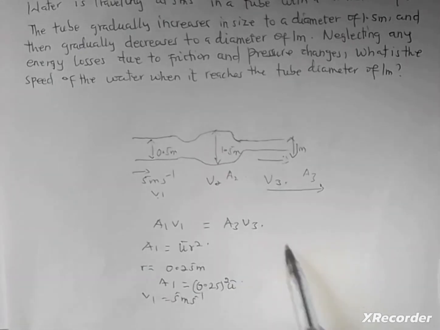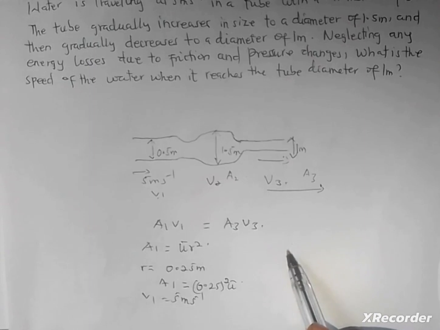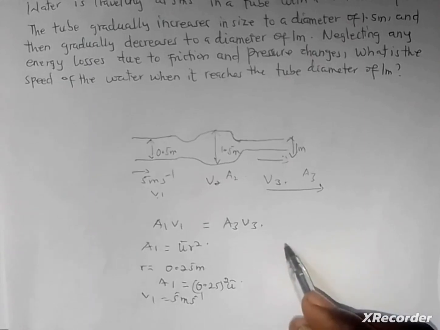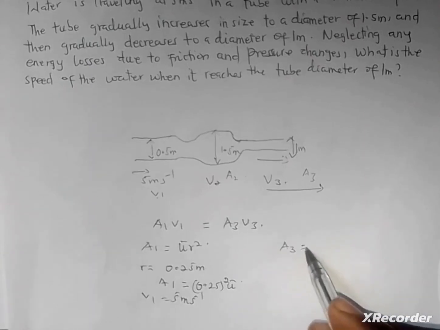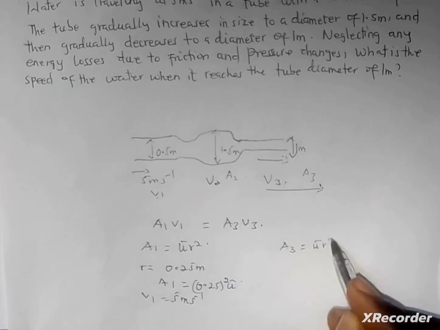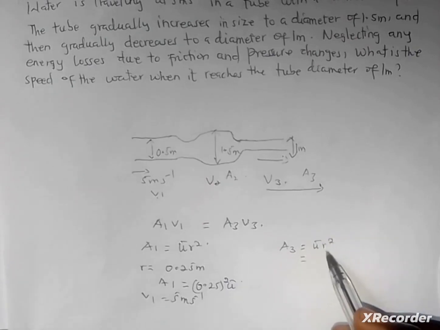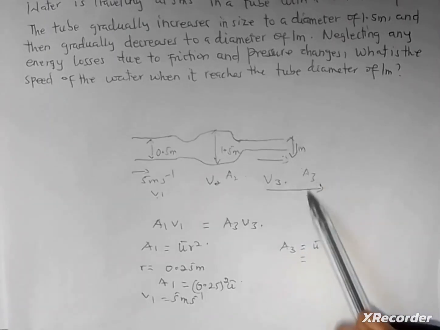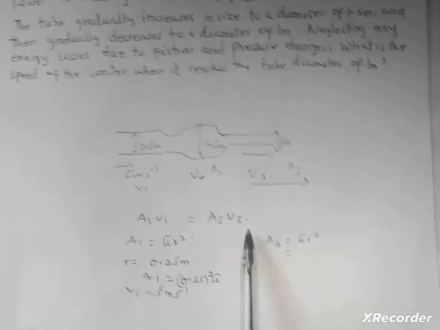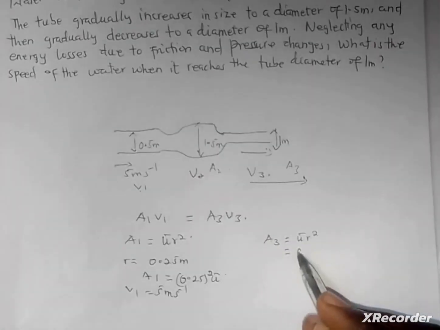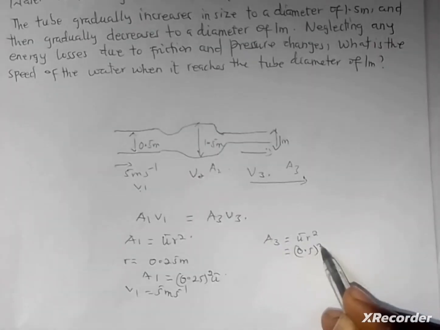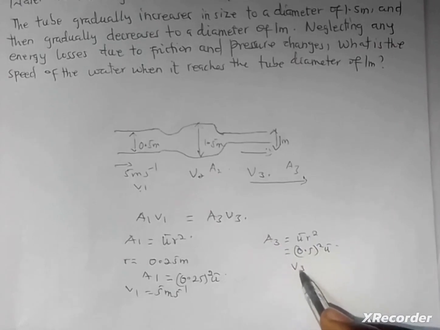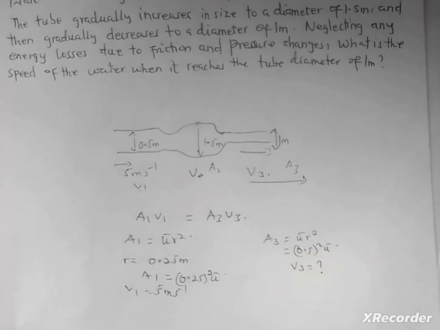When I come here, I have A3 V3. I need A3. So my A3 is equal to pi r squared once again. My r is 0.5, because the diameter has decreased towards 1 meter. So I'm going to have 0.5 all squared, times pi, where my V3 is the unknown I'm looking for.